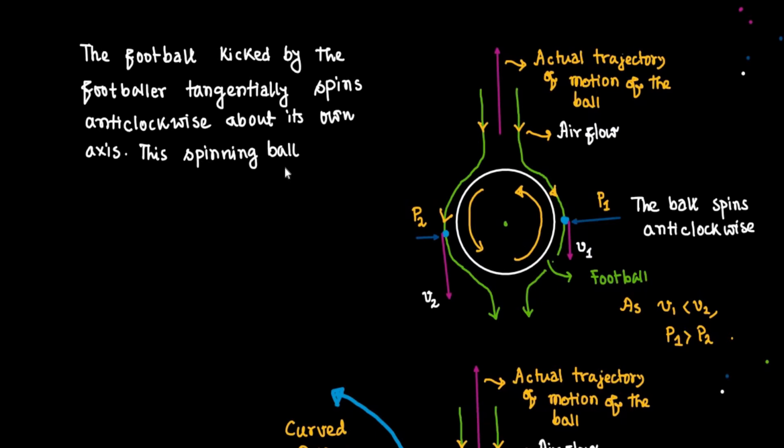This spinning ball drags some of the air. So first of all, the football kicked by the footballer tangentially spins anti-clockwise about its own axis, and the spinning ball drags some of the air around it.